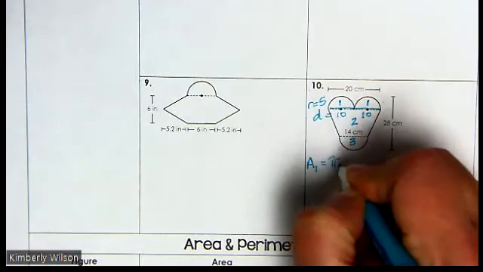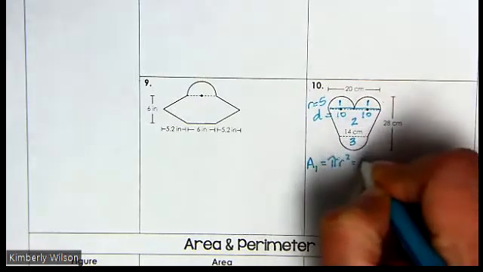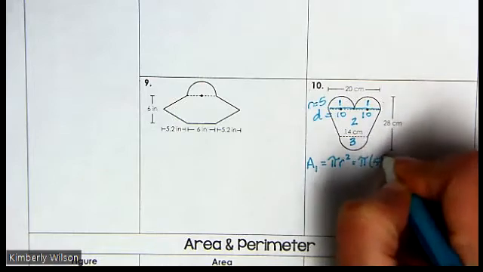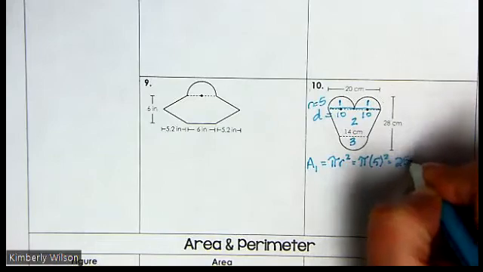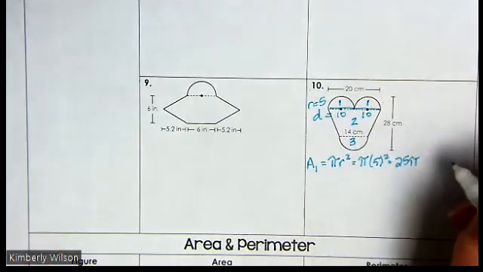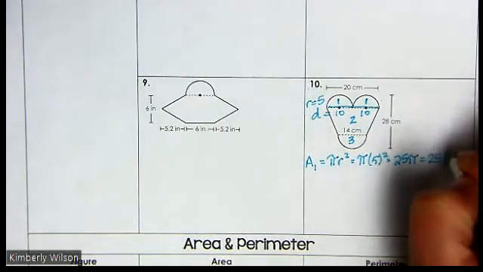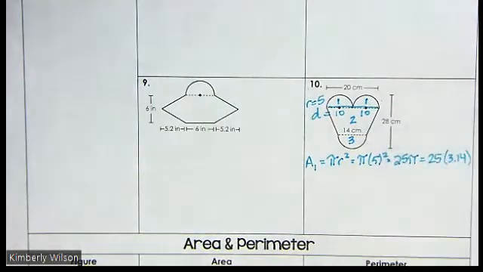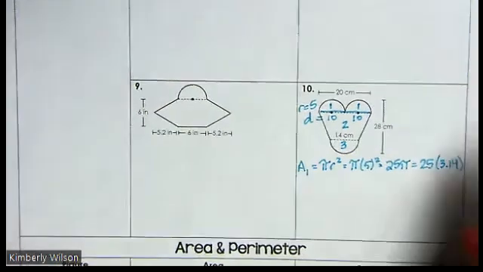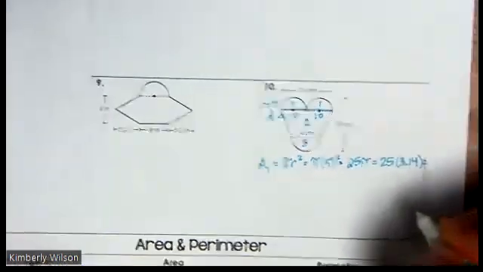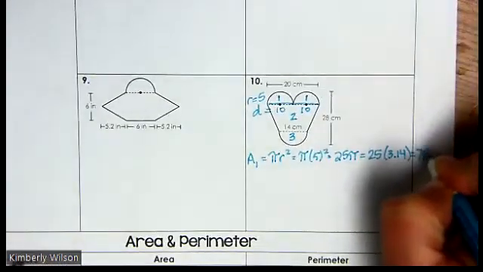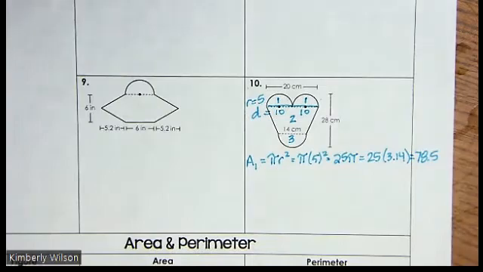Remember, to find this, it's pi r squared, so I'm going to have pi times 5 squared, which gives me 25 pi, which is 25 times 3.14, which equals 78.5. All right, so that was the first shape.